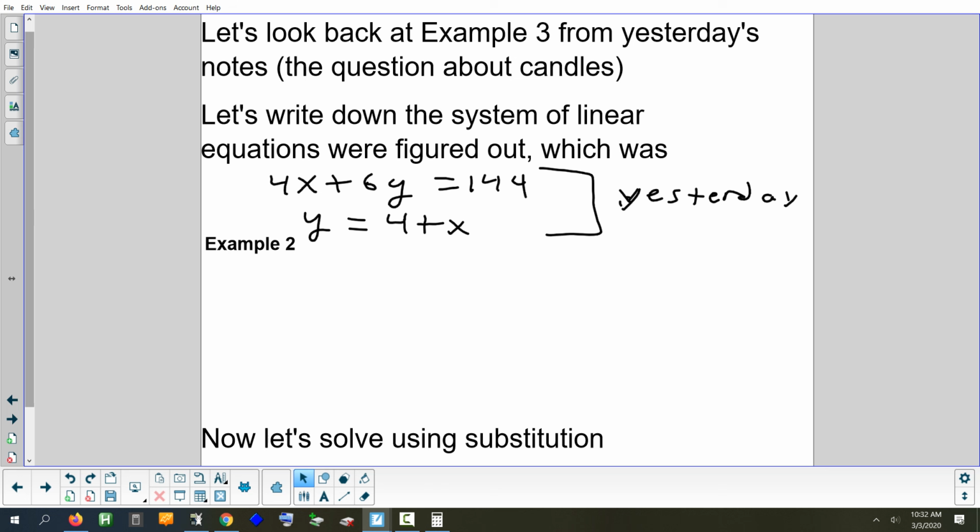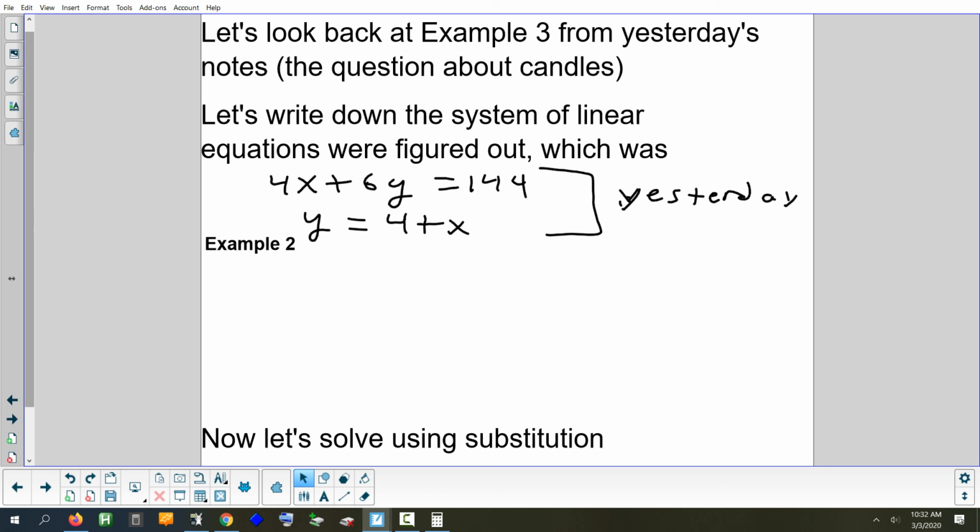All right, can anybody tell me what my first step would be here? Yep, we're going to do parentheses. We're going to do 2 sets of parentheses. What's the first thing you're going to put parentheses around? 4x plus 6y.